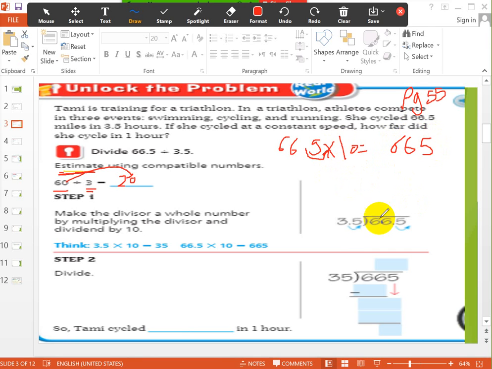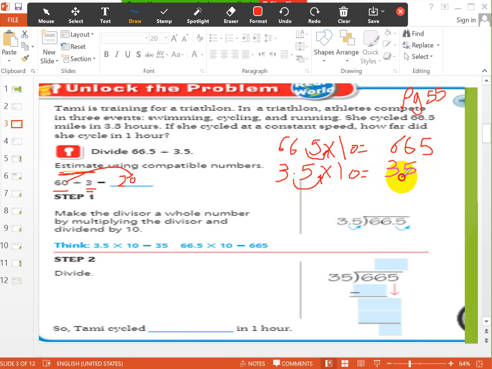Now if you multiply 3.5 by the same power of 10, I choose 10. Also, the decimal point will move to the right side. The number of digits equals the number of zeros. I have only one zero right here, so I move this point one digit only, from here to here. So the number will be 35.